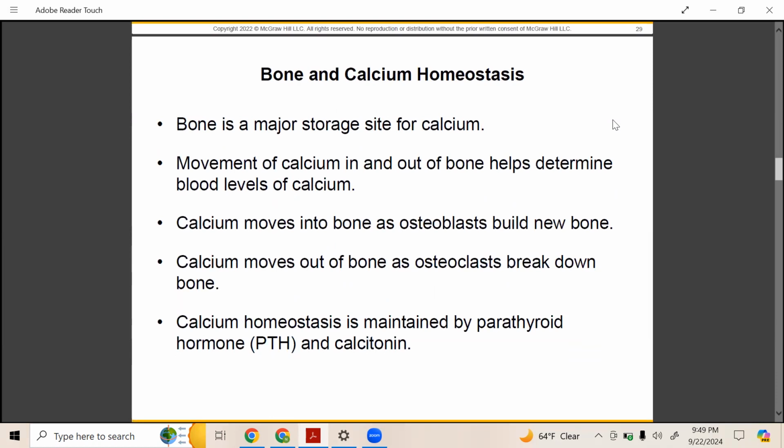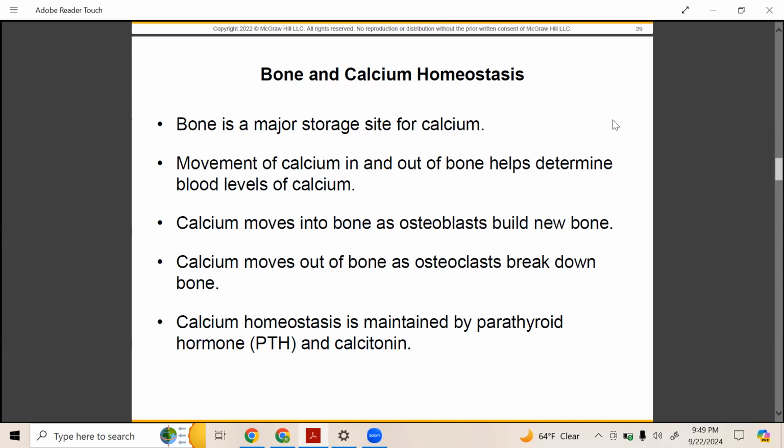Of course, our bones are a major storage site for calcium. As our blasts are building new bone, they need more calcium available. As blasts break down bone, we can send more calcium to the bloodstream.